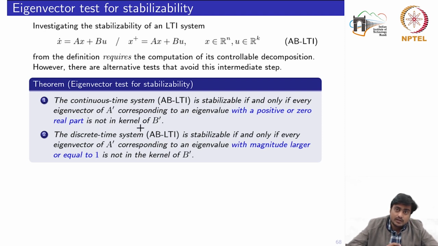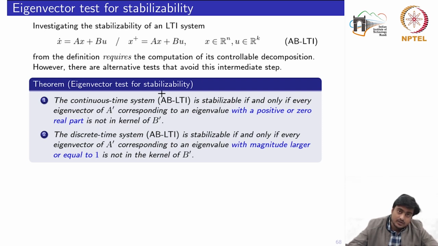If you recall the eigenvector test for controllability, it was without these blue colored words. It was that every eigenvector of A transpose is not in the kernel of B transpose, irrespective of whether the eigenvalue is on the left hand side or the right hand side.